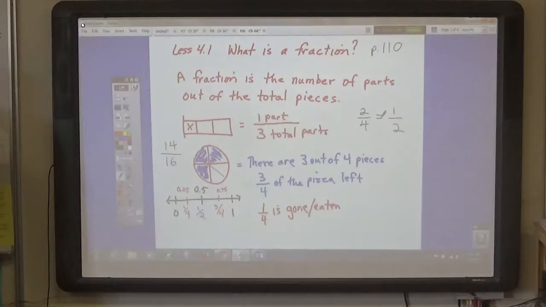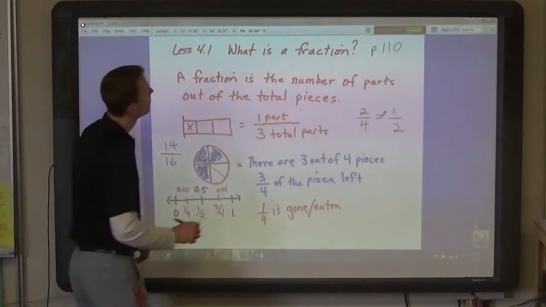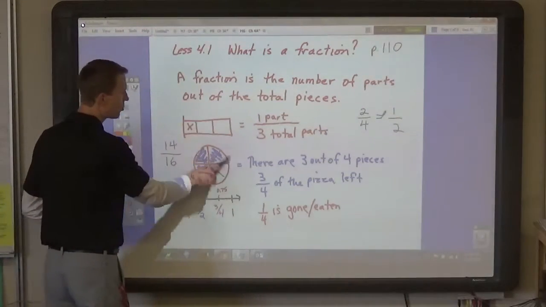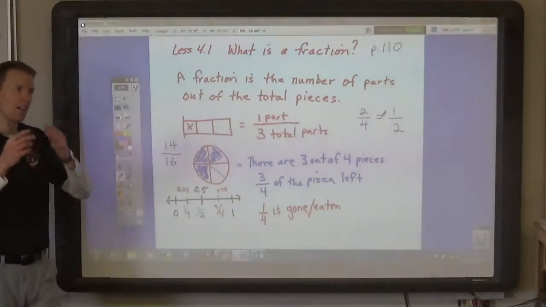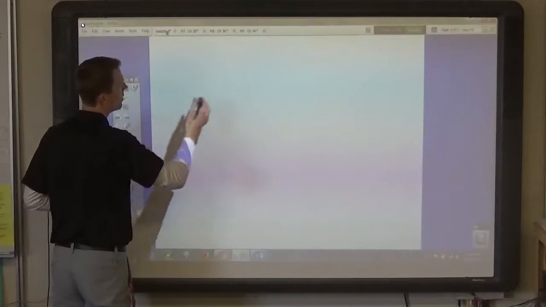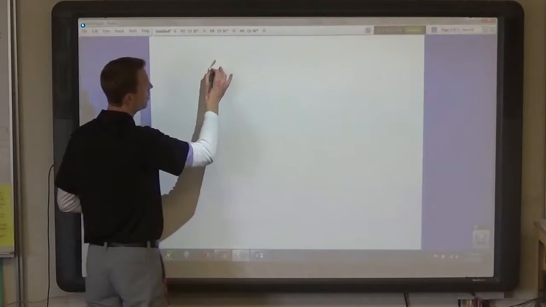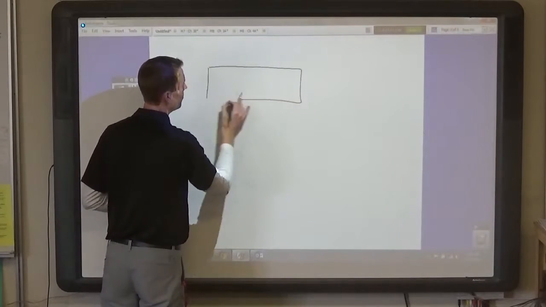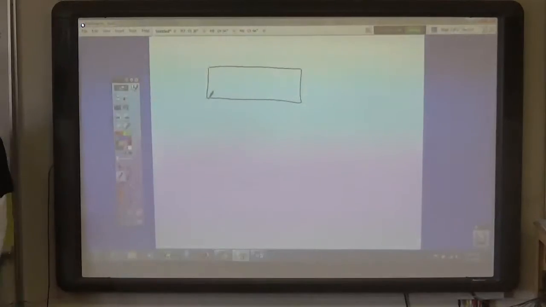Number 2. Actually, going on, I think you can do this on your own. When you're drawing models, unlike the circle models that are going to be hard to draw, when you're drawing models of fractions, I recommend doing rectangles. Okay?